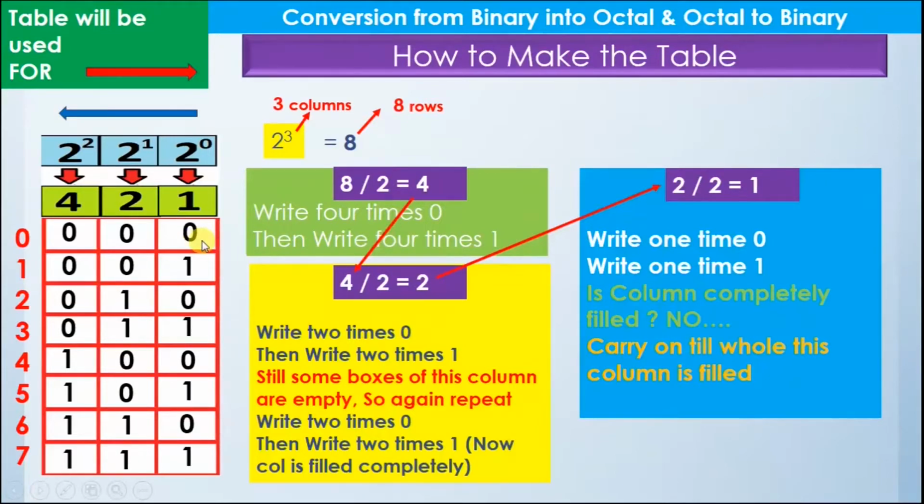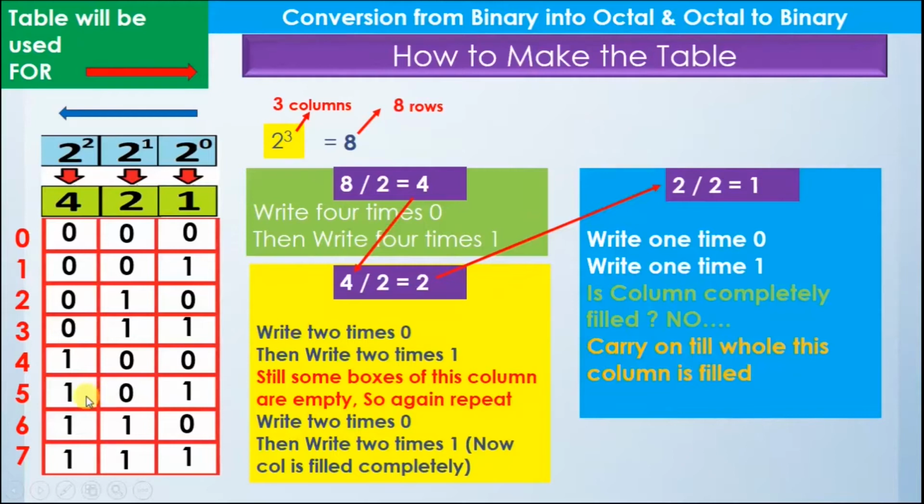Let's further understand by looking at an example. If we want to see how we calculated the value of 5, we come here. The value under the column 1 is equal to 1, so its value is 1. Next we come to the middle column. The value under 2 is 0, so the value is 0.